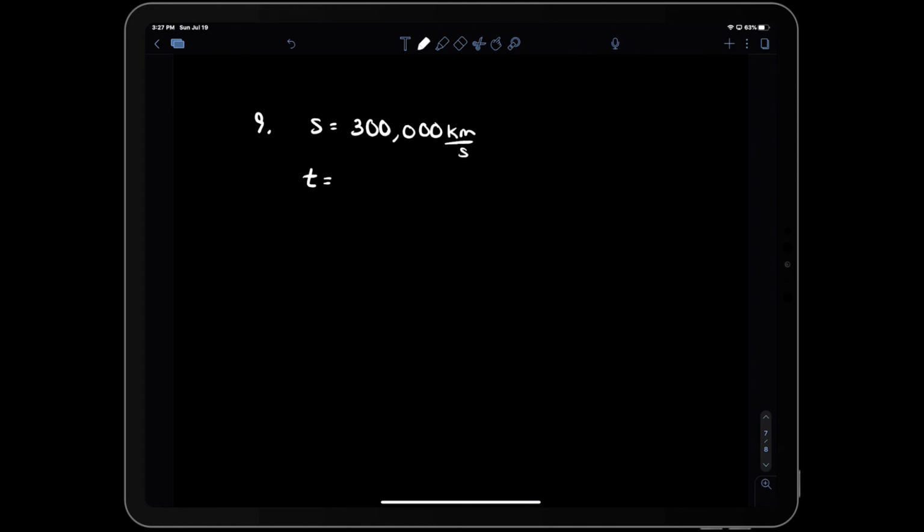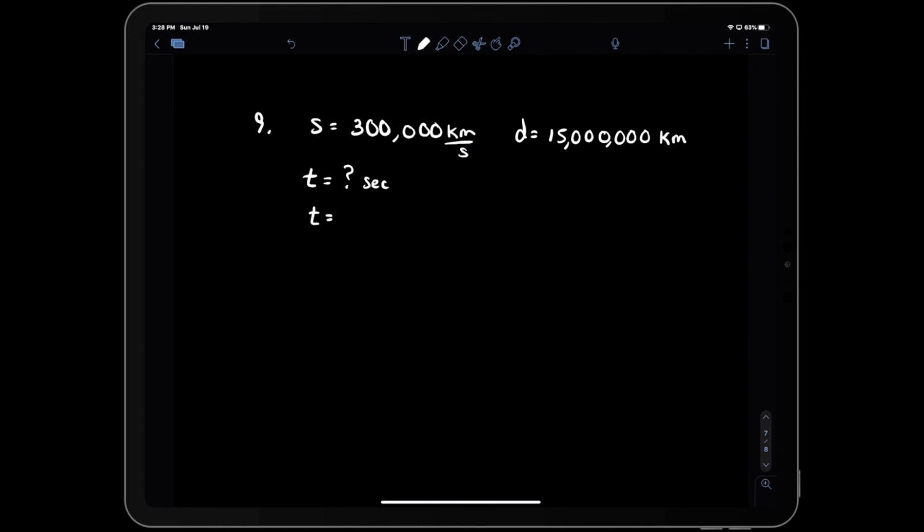The sun is a distance of 15 million kilometers from the Earth. If we're trying to figure out how many seconds it's going to take, because it doesn't say anything about units, we'll just keep it as that.